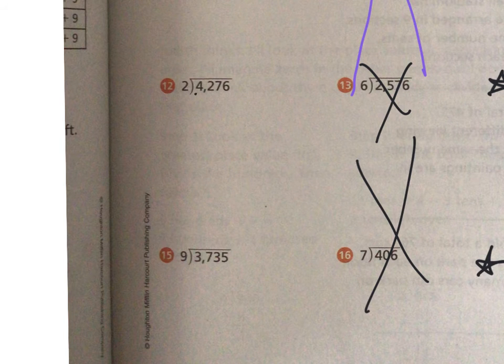All right, here we go. How many 2s can fit into 4? Start counting. 2, oh, already there. 2 times, right? Put my 2 up here, and then I say 2 times 2 is 4, and I subtract, and I look up, time to bring down my next number, which is a 2. How many times does 2 fit into 2? Well, it only can fit in there once, right? And 1 times 2 is 2, subtract 0.